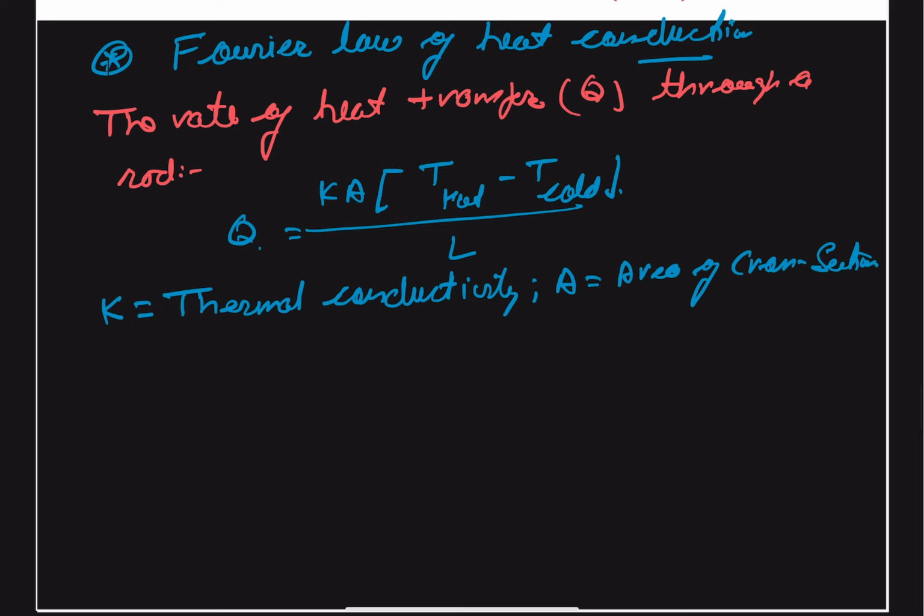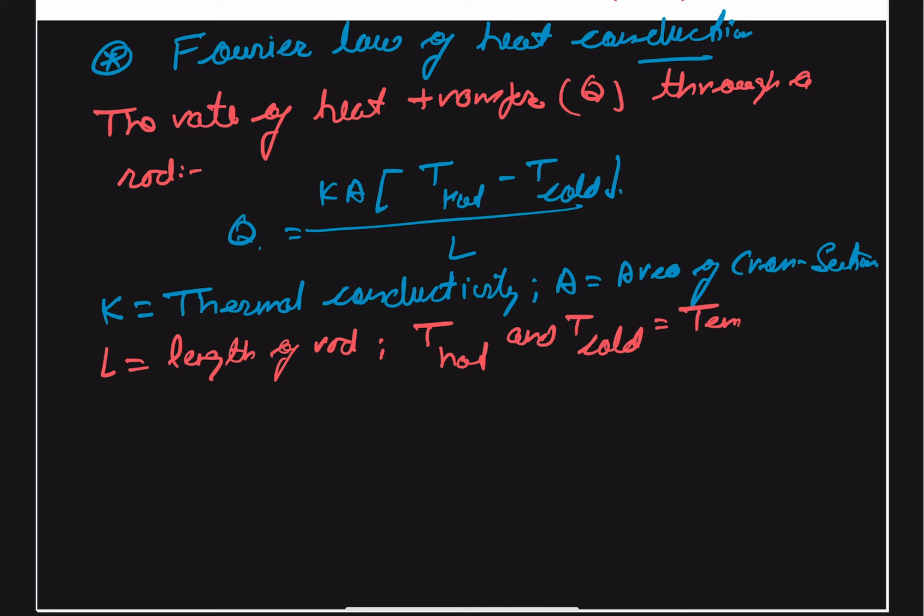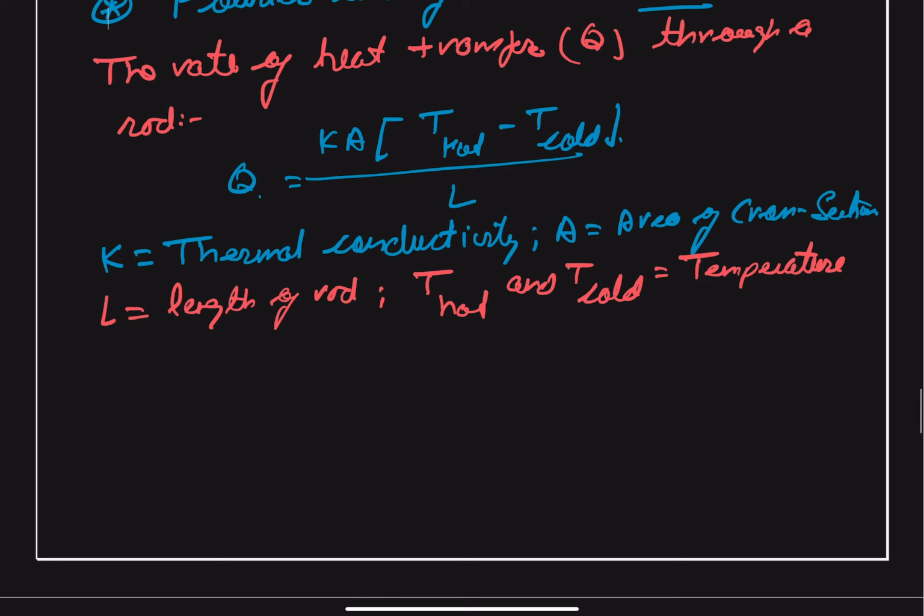L is our length of the rod. And T hot and T cold, these are the temperatures at the ends of the rod.